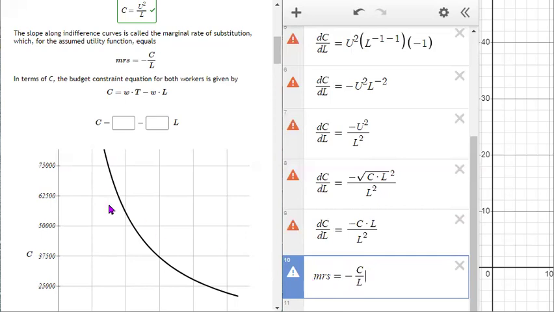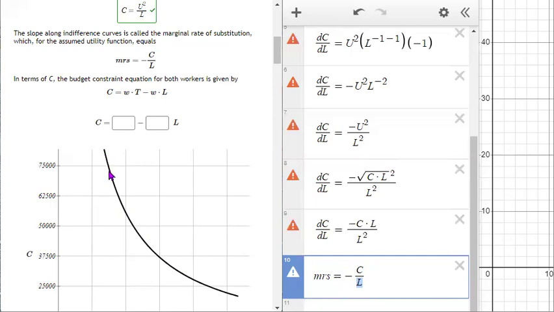And it is negative, right? It's negative because it's downward sloping. The indifference curve is downward sloping, so the slope is negative. And this just means as consumption decreases, L has to increase in order to keep utility constant.